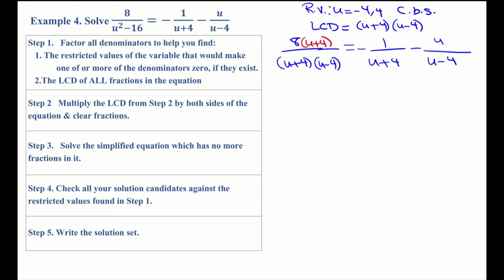So u plus 4 times u minus 4. On the right side, let me move the 1 and the u a little bit to give us some space. So we're going to multiply the u plus 4 times u minus 4 by each of these terms.